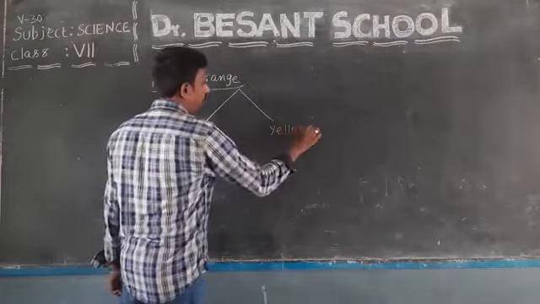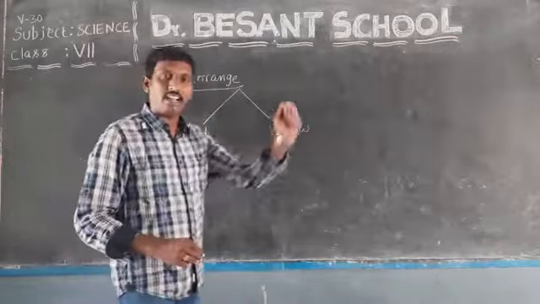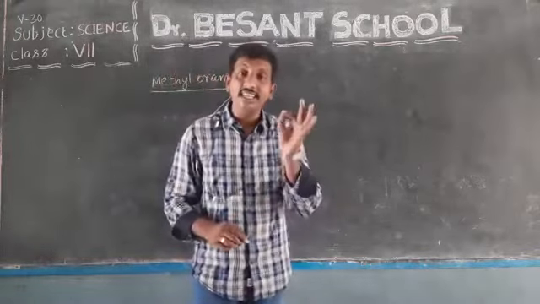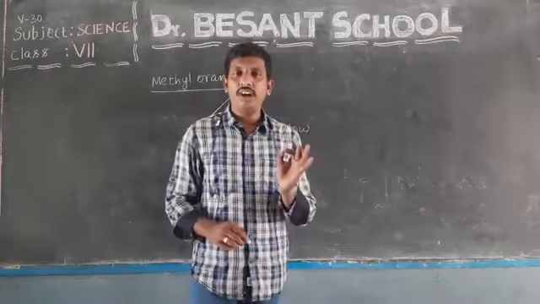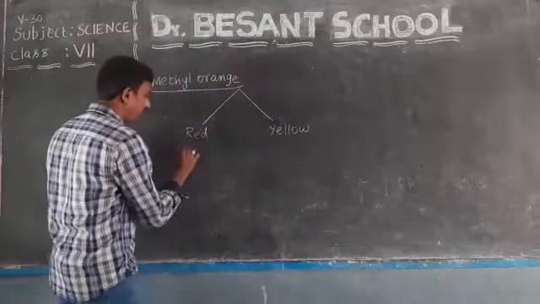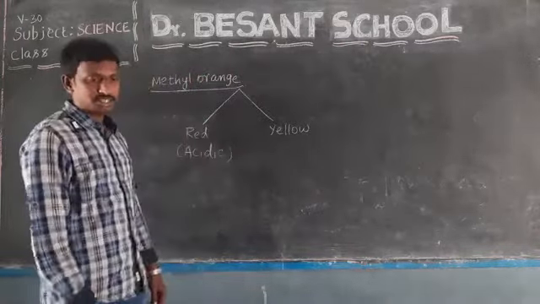So if methyl orange indicator is added to a substance and the color changes to red, what nature does it indicate? Yes, acidic. Very good. It indicates the acidic nature of the substance.